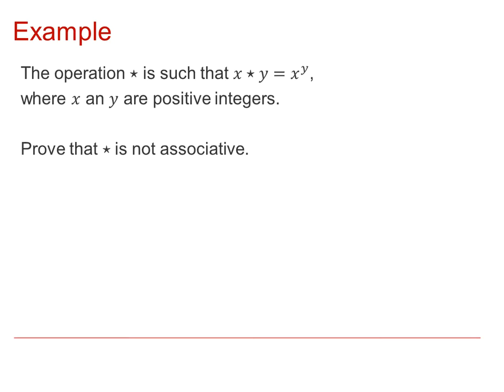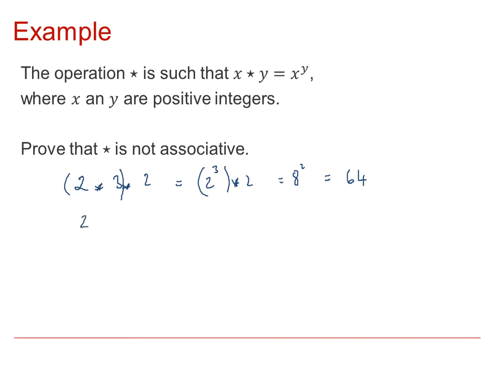So for example, we could do 2 star 3 star 2 would be fine. Let's try that and see what we get. 2 star 3 is 2 to the power 3, so if we're doing the bracket first, 2 to the power 3 star 2. 2 to the power 3 is 8, so this is the same as 8 squared, which is 64.